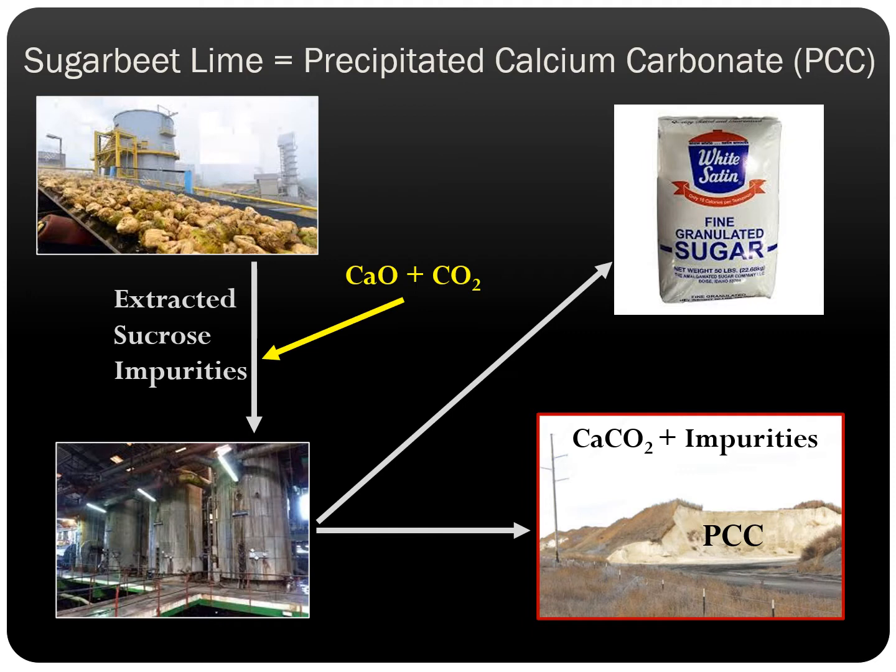Within the stream, there are a lot of impurities that have to be removed so the sucrose can be extracted into sugar. So calcium oxide and carbon dioxide are added to the stream, and the calcium carbonate with the impurities included precipitates out of the stream, so it can be collected and separated, and this is what we call the PCC.